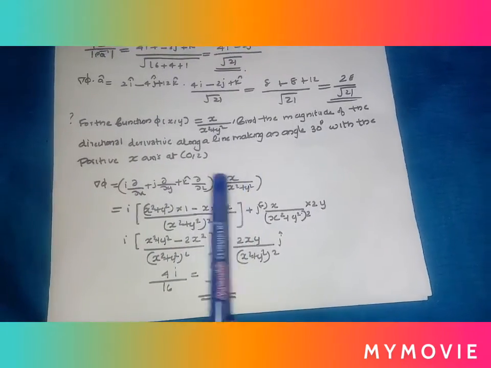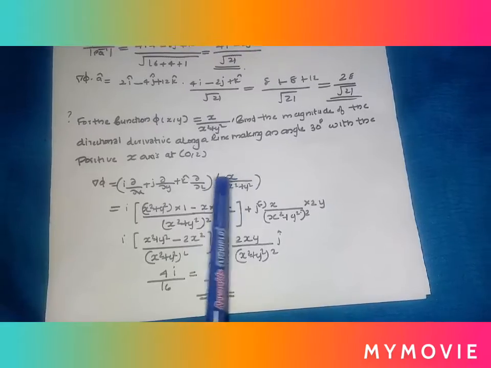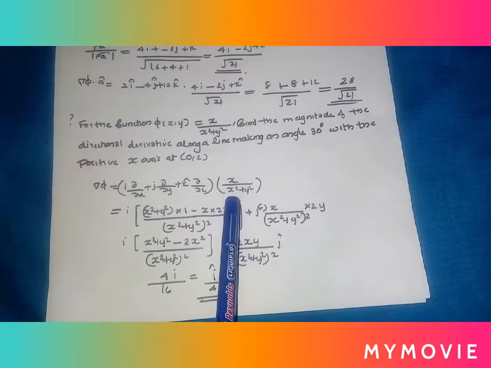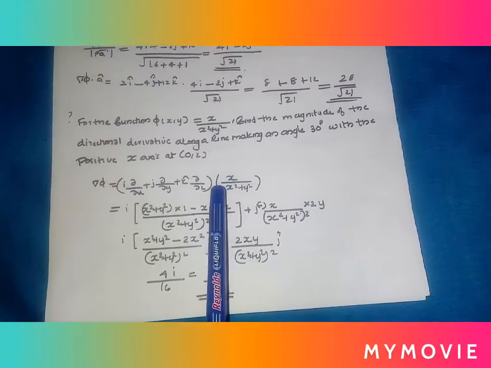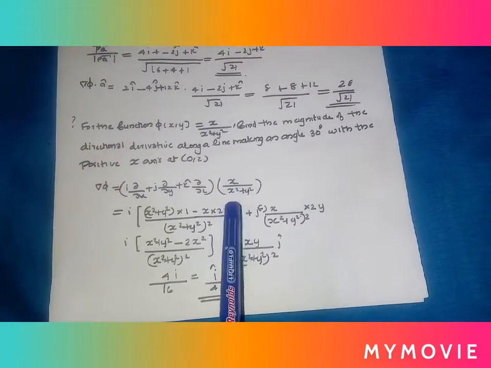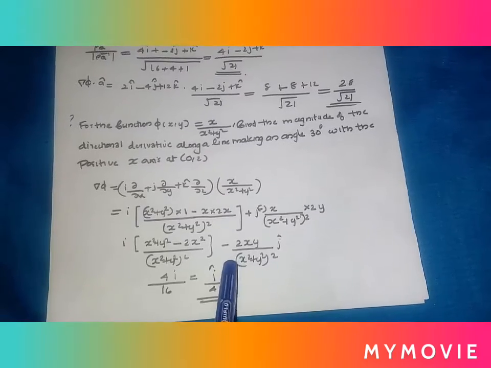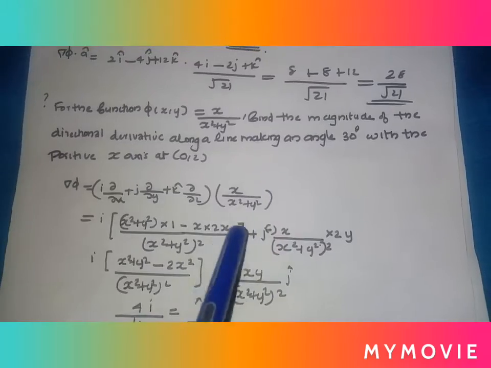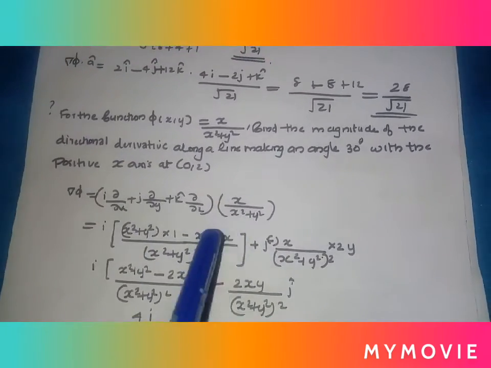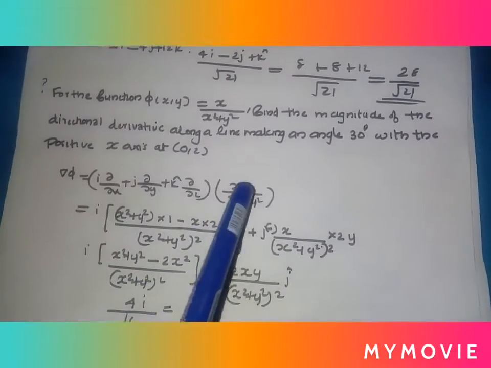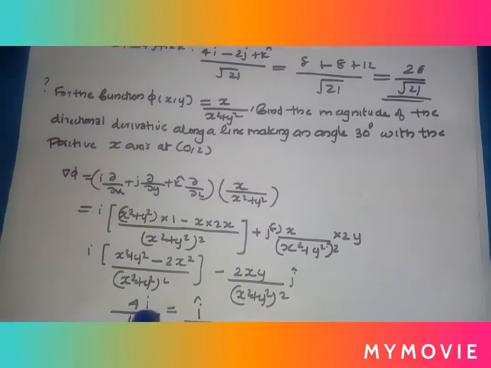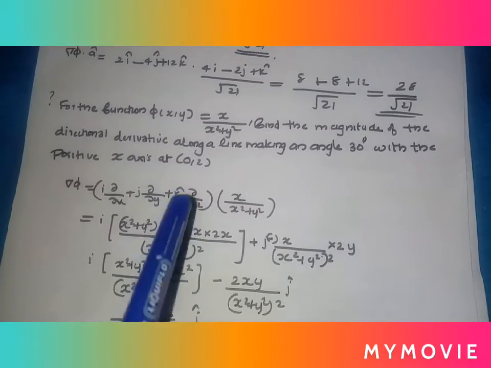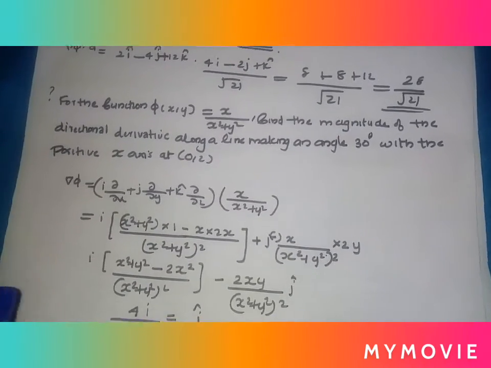So dou by dou x of the function, it is in the form of division, so denominator into derivative of numerator minus numerator into derivative of denominator divided by denominator square. Next we want to find the derivative with respect to y of this function. Only y is in the denominator term, so it is in the form of 1 by variable, 1 by x derivative, that is minus 1 by x square.